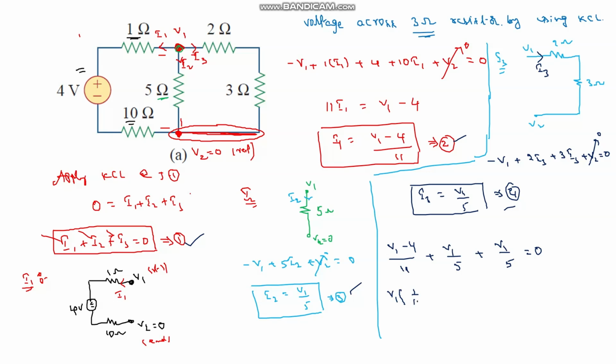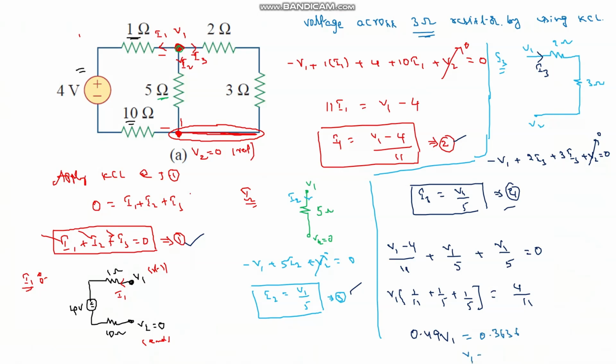V1 times (1 by 11 plus 1 by 5 plus 1 by 5) is equal to 4 by 11. After simplifying, this is 0.49 V1 is equal to 4 by 11, which is 0.3636.